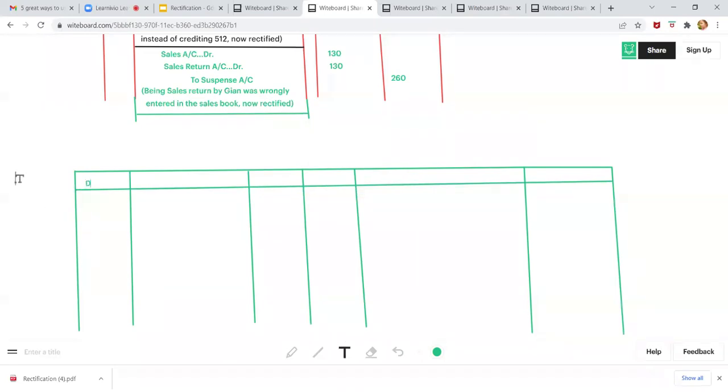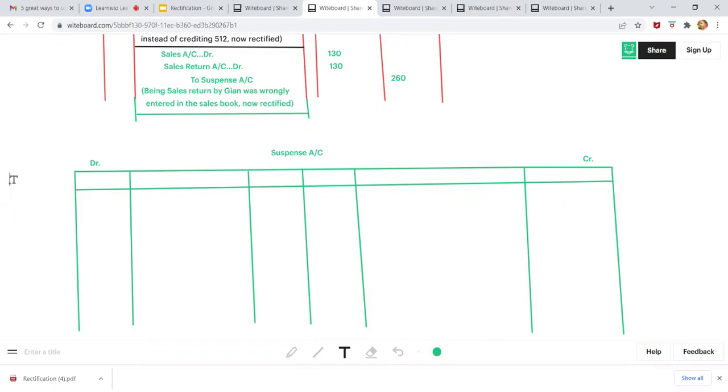First we have, this is the debit side, this is the credit side, and this is the suspense account.